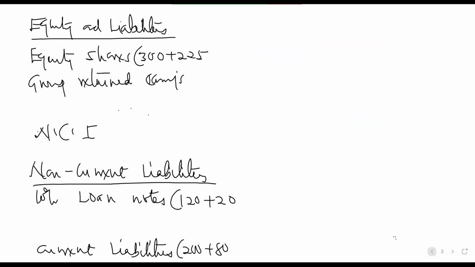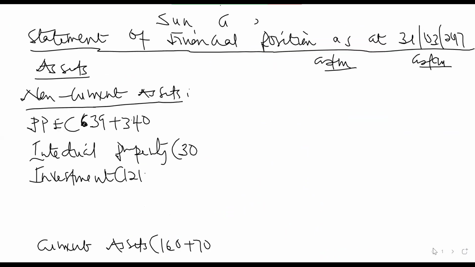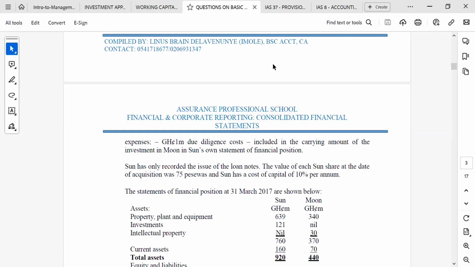What you do is go and remove your investment, because this will cancel the share capital of the subsidiary. So you take your investment and subtract 120. Where the one is coming from, we will determine, and if there is something else they are adding to the investment, we will find out and cancel it. So that has already been recorded. It means the interest on the loan note has also been recorded for the year.